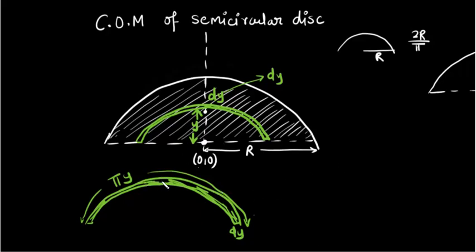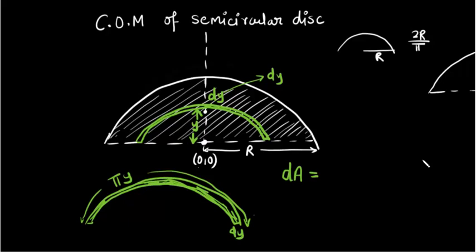So the area of this semicircular wire, let's call it dA. What will be the area of this semicircular wire? That will be equal to this length into this breadth. You can see this as a rectangle, right?